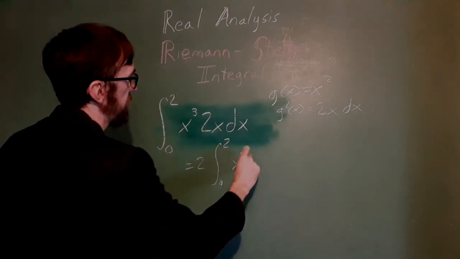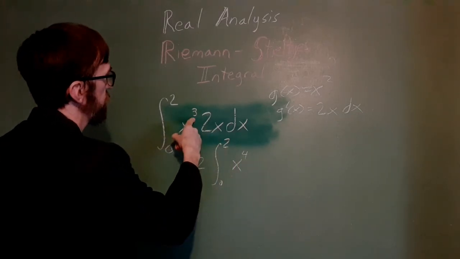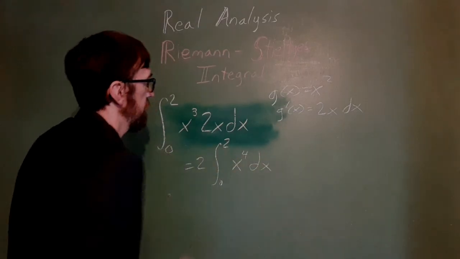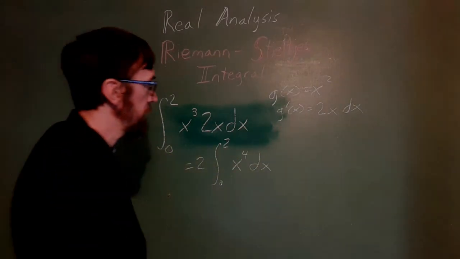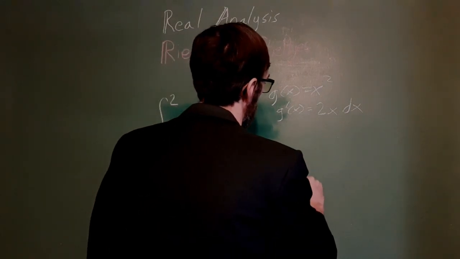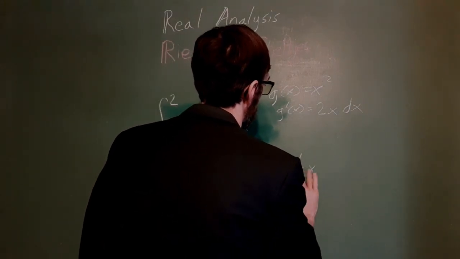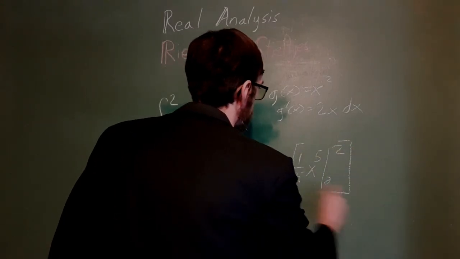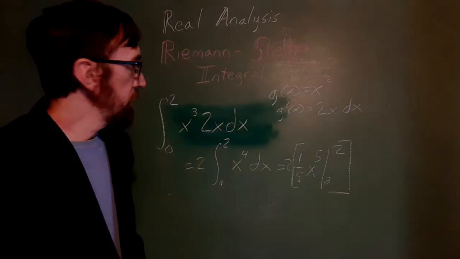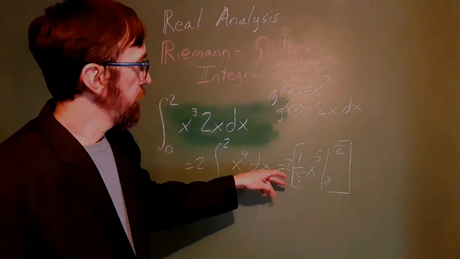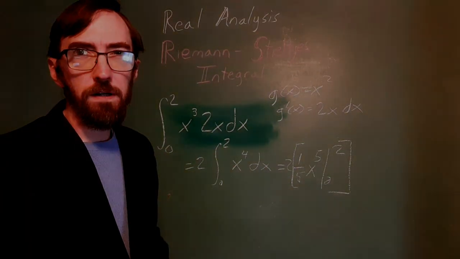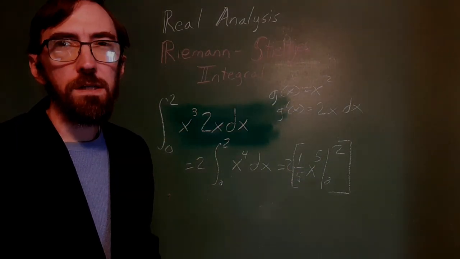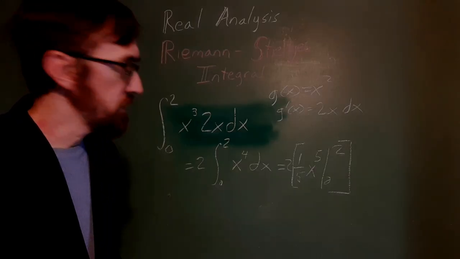The x times the x cubed is going to give us the quartic right here, and then we're going to end up with 2 times 1/5 times x to the 5th, evaluated from 0 to 2. We just substitute in now, and we find those solutions.